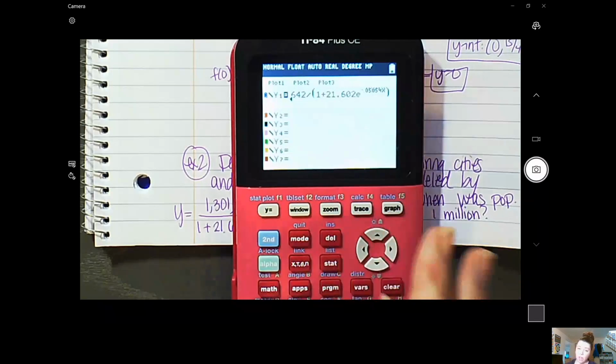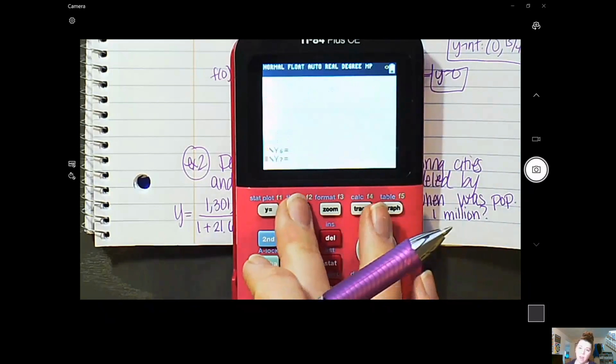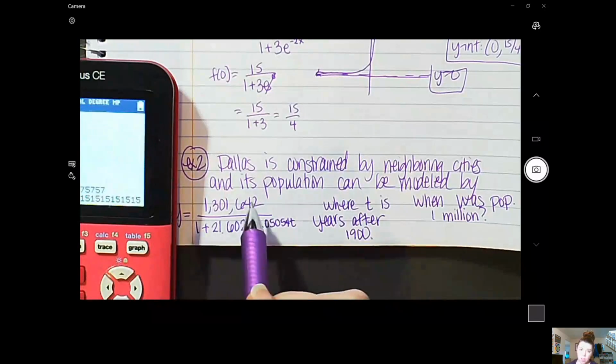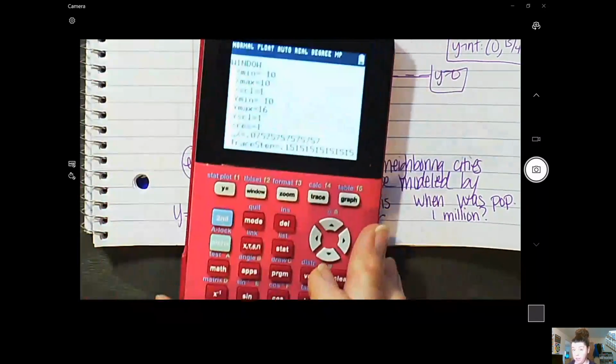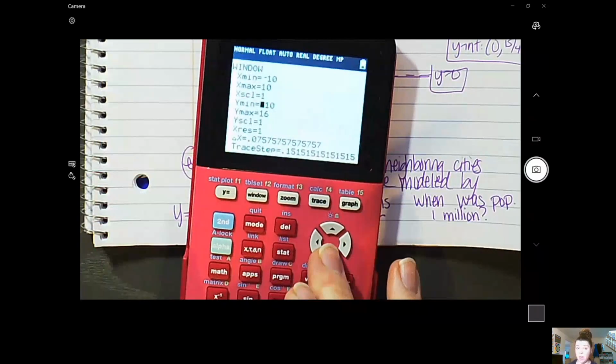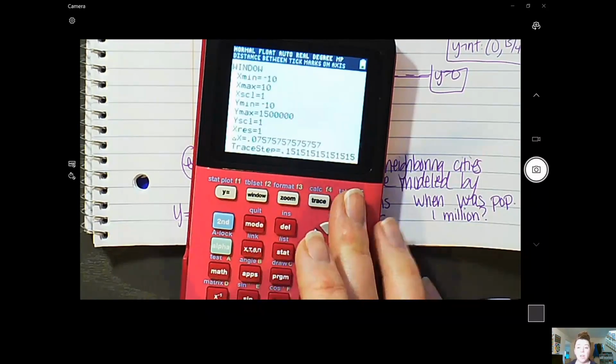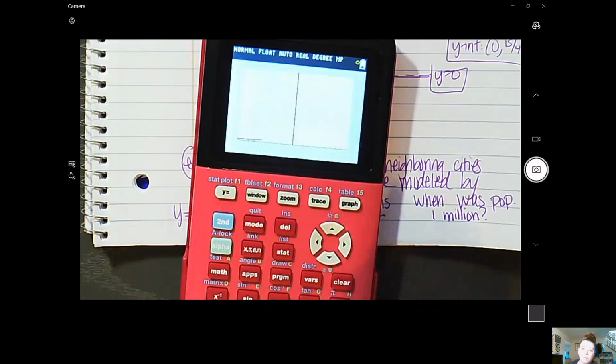Before I graph it, I know that the window I have is not going to work because the top asymptote is at 1.3 million. So I need to see higher than the 16 that I have right now. I'm going to change this to 1,500,000 because then I'll be able to see enough.